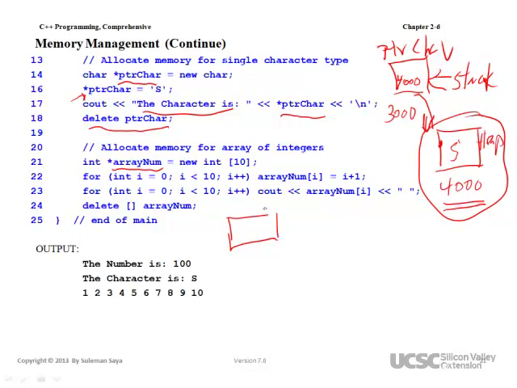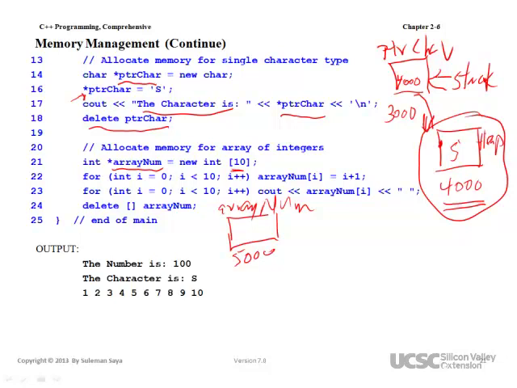Okay, so this is array num created at some memory location 5000. Okay, and then on the right side of an assignment, I say, okay, I want to create 10 integers. Okay, right here, 10 integers.